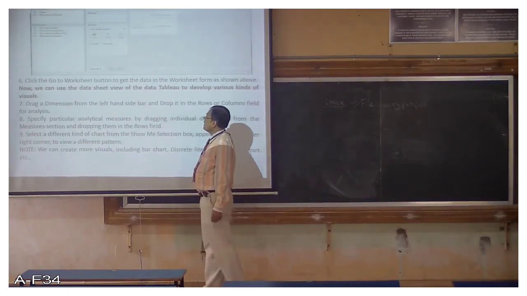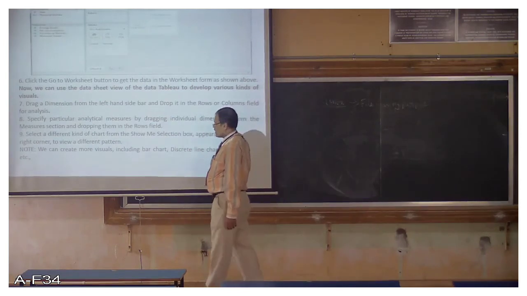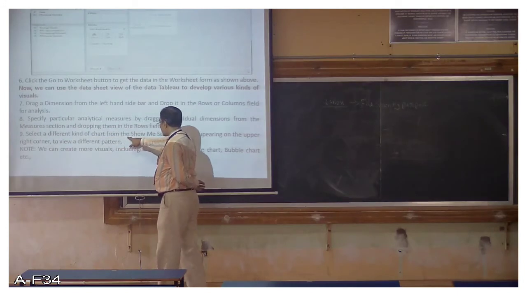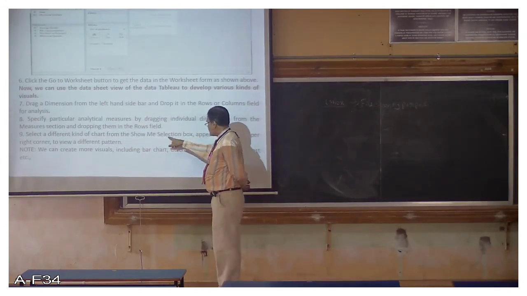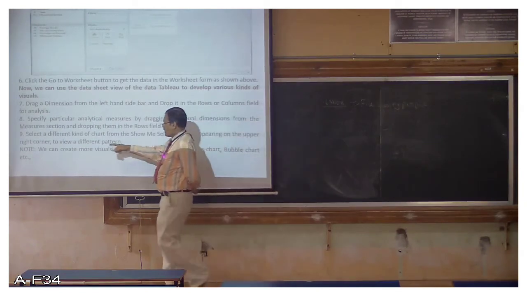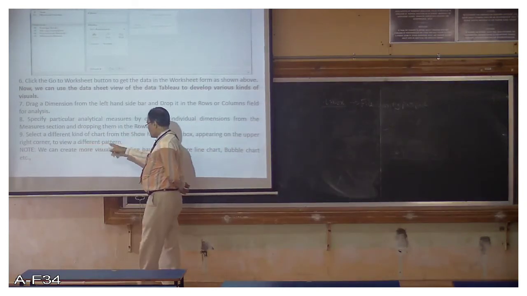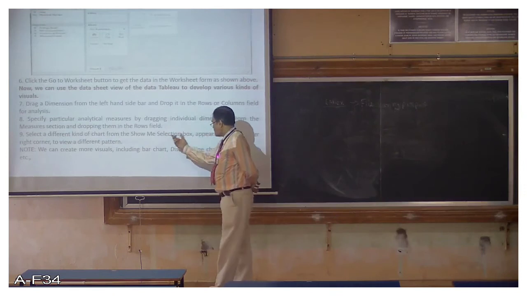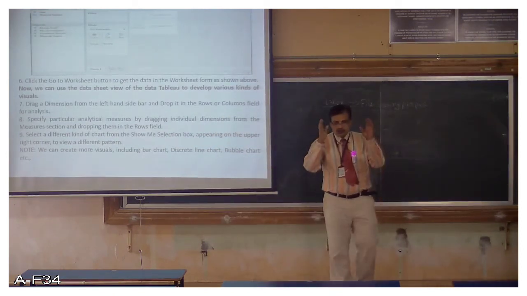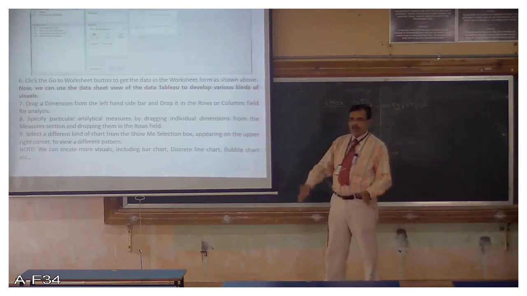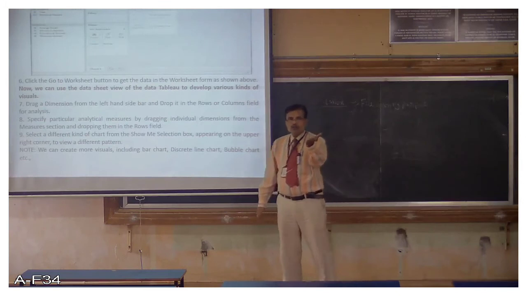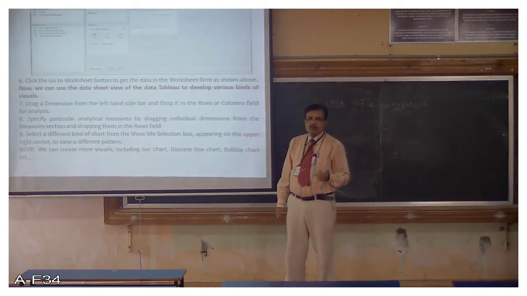Then the next one is to select a different kind of chart from the Show Me selection box appearing on the upper right corner to view the different patterns. The Show Me selection box provides, using the data that you have loaded, the type of chart you want to generate.